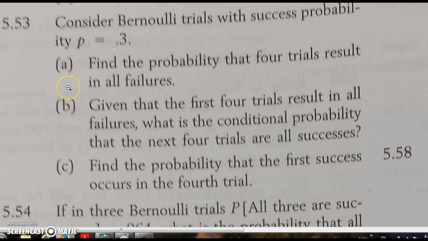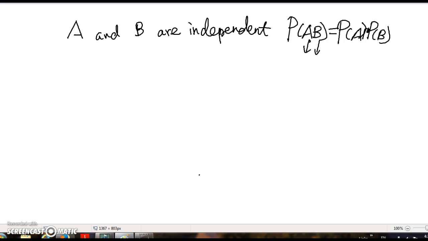It says the Bernoulli trial with success probability P equal to 0.3. So I'm going to change it to 0.4. So for example, we're going to do an example for 5.53.